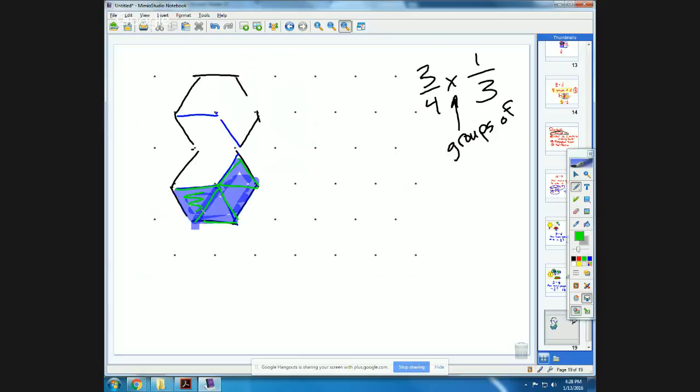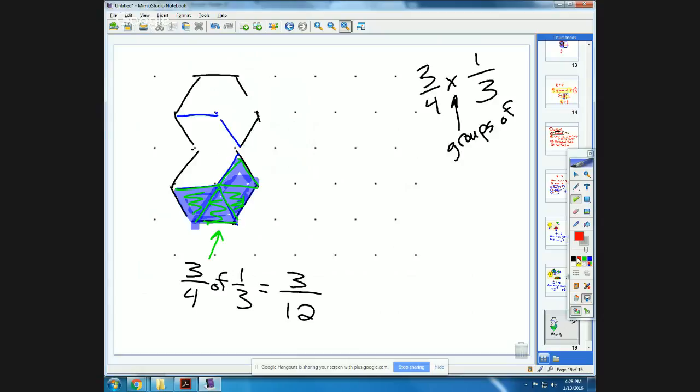I need 3. So this section right here is definitely my 3/4 of 1/3. Looking at that, I have 3 chunks out of how many chunks in the whole piece? 12.